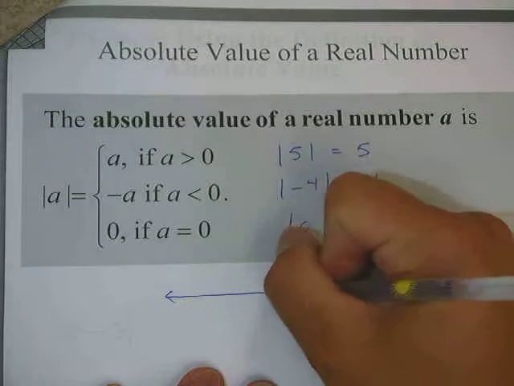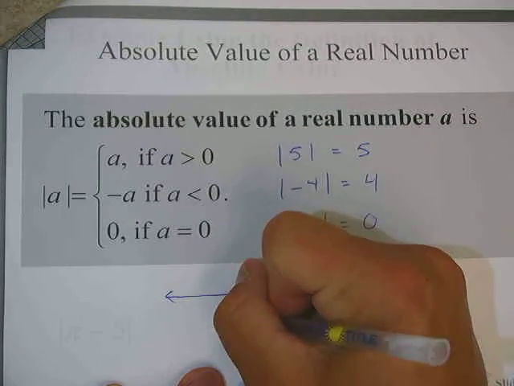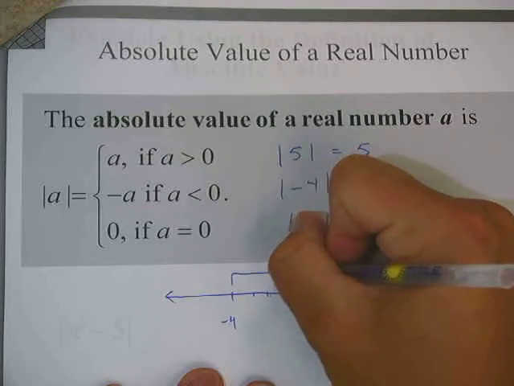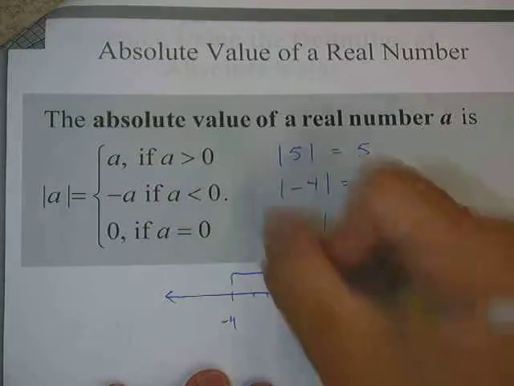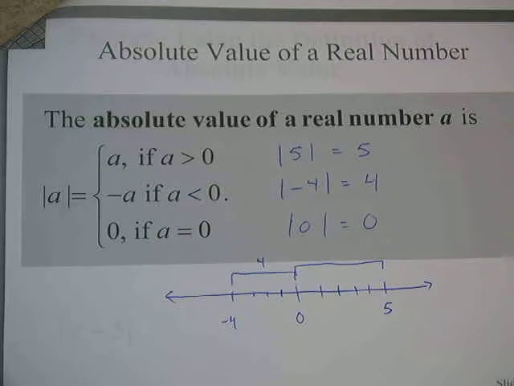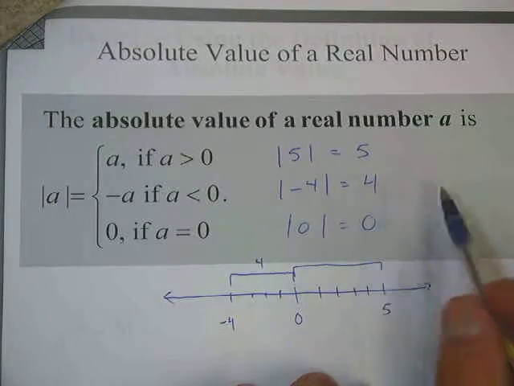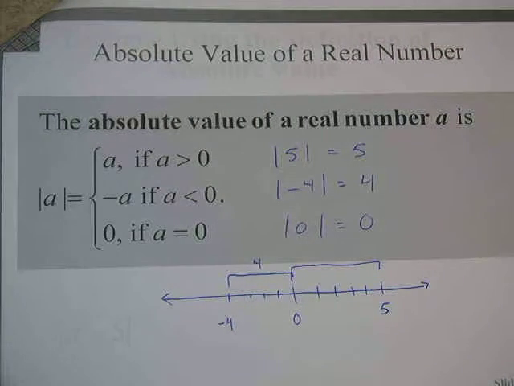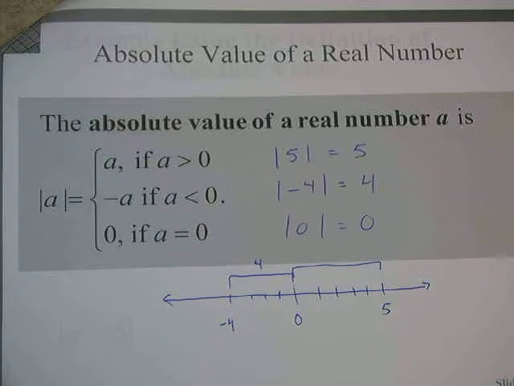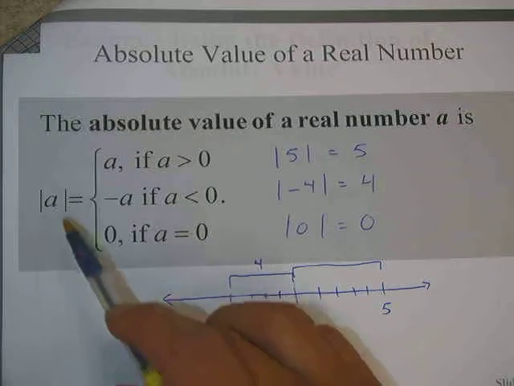True? And if I look at negative 4 over here, that distance from negative 4 to 0 on the number line is what? It's 4. So the absolute value is not only by definition the positive of whatever number is in there, but it also represents the distance from 0 to that number on the number line.